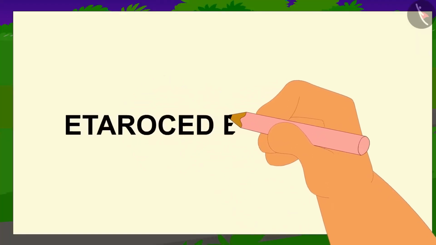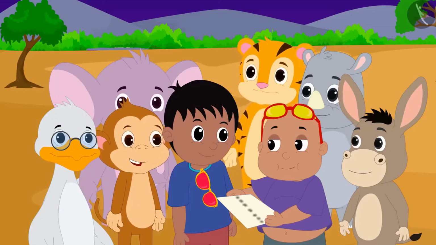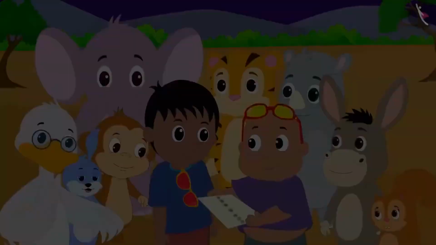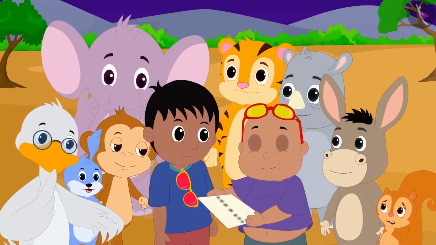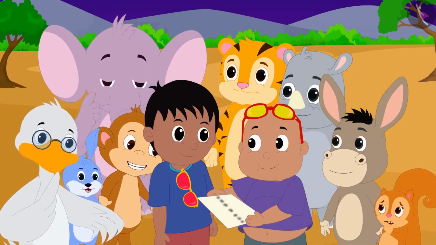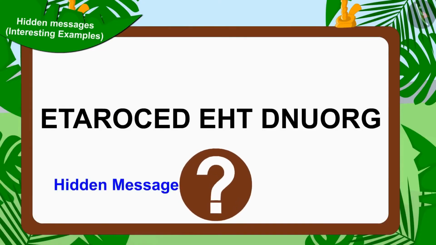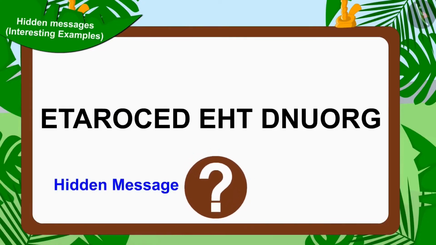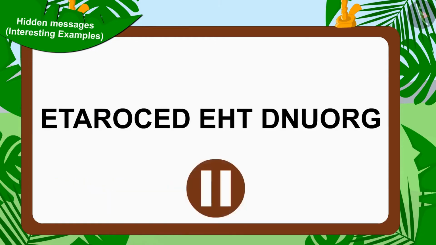Bablu immediately wrote this message on a paper and read it to all the villagers. All the villagers once again started solving Jeev's hidden message. Children, can you solve this hidden message? If you want, you can find the answer by stopping the video.